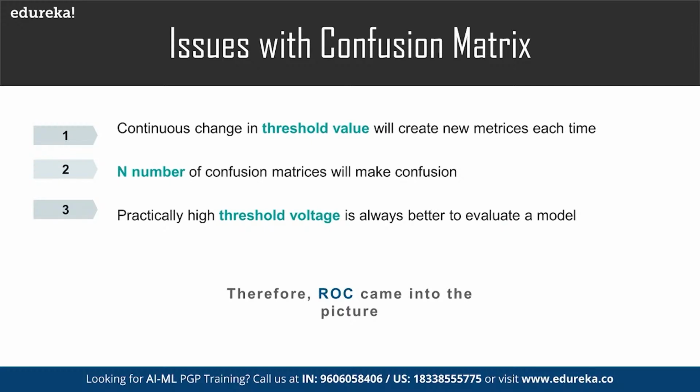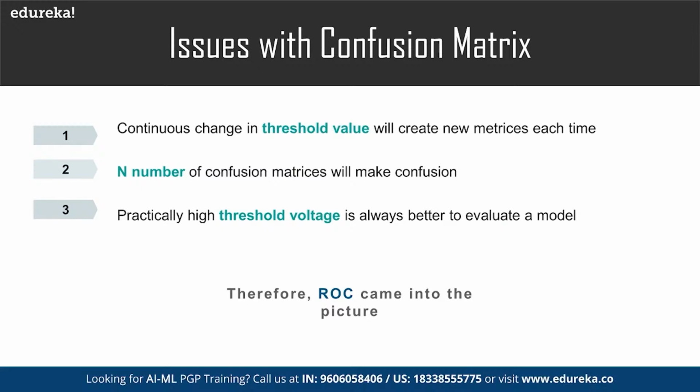We change the threshold values continuously because we need a high-performing model. When we see that a threshold value is no longer useful for us, we change it. The threshold value falls between 0 and 1, and typically in industry they choose 0.5 as the default threshold value.